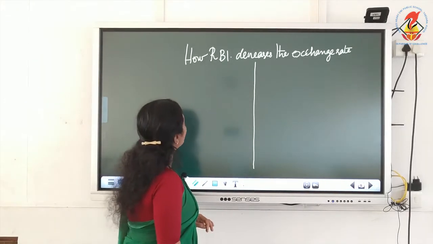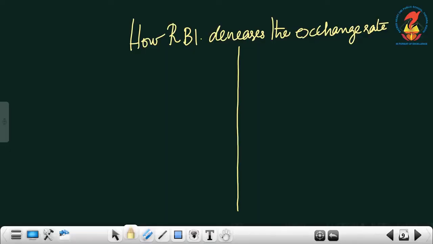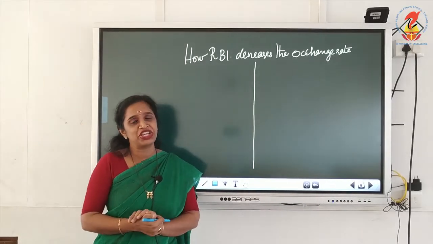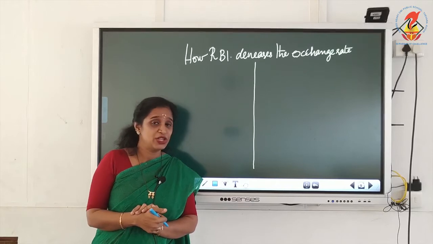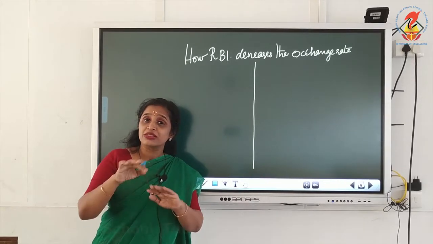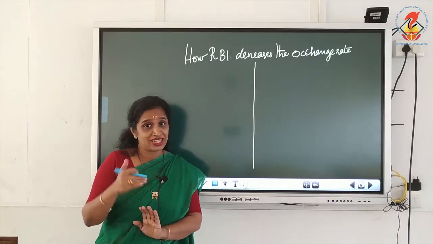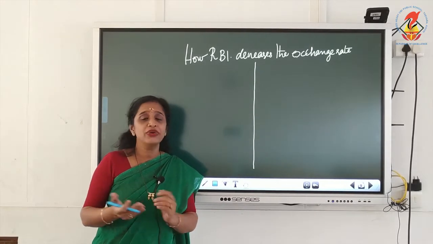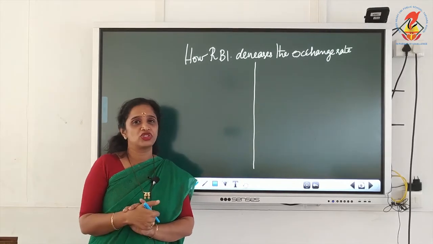Now when we explain here how RBI decreases the exchange rate. Increasing the exchange rate was the situation where RBI is buying the foreign exchange from the international market. So here it will be just opposite to it. RBI is going to sell the foreign exchange which it has with it. I told you RBI has got the foreign exchange with it.